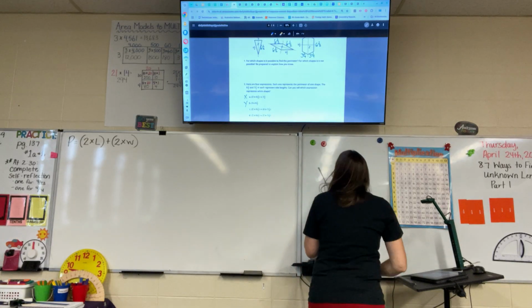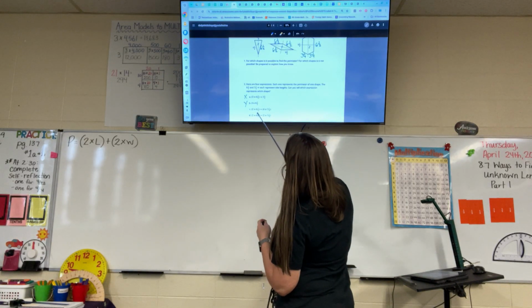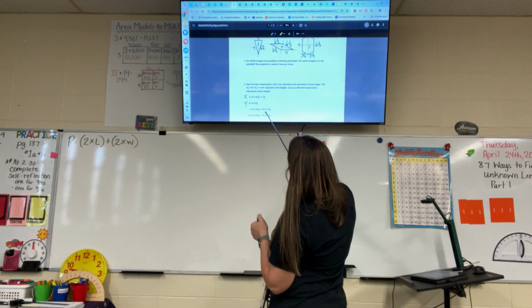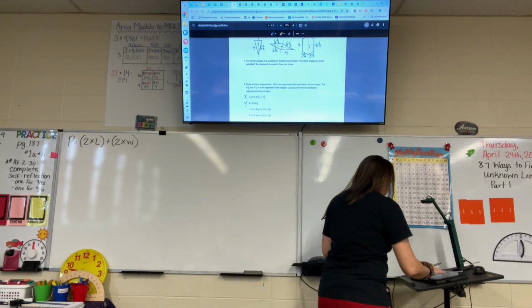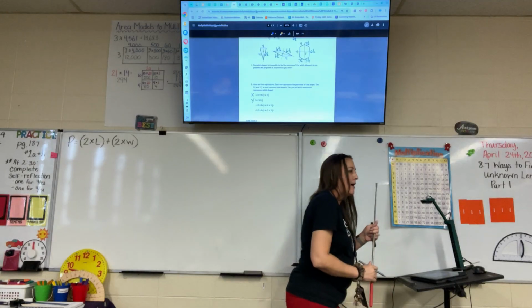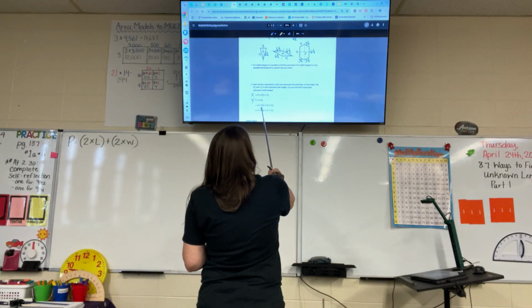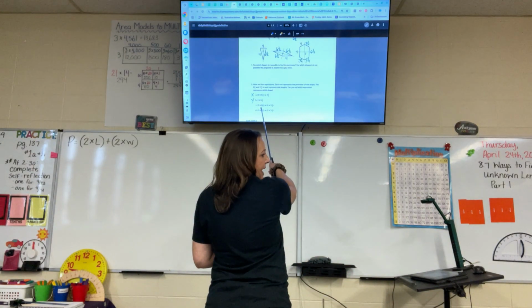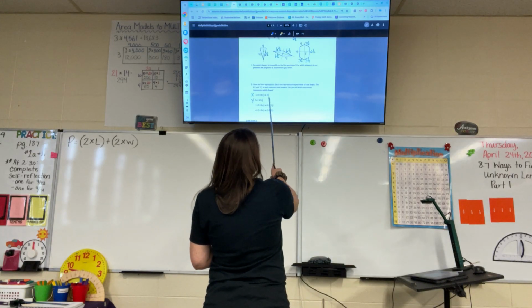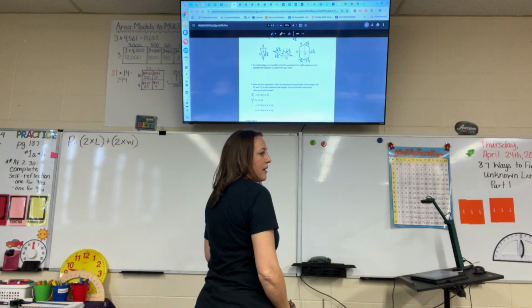Okay, the next one says 2 groups of 6.5 and 4 groups of 3 1/4. Todd, which figure is that? Which figure has 2 groups of 6.5 and 4 groups of 3 1/4?